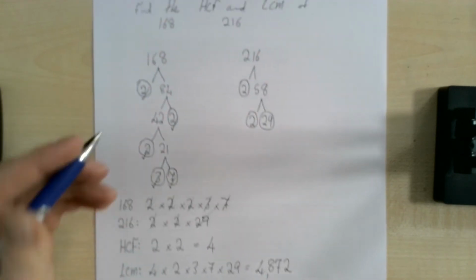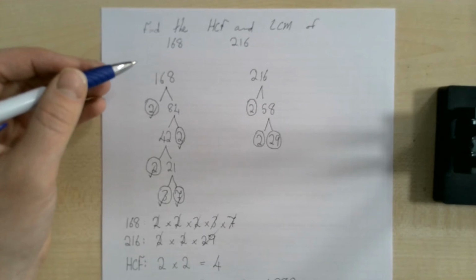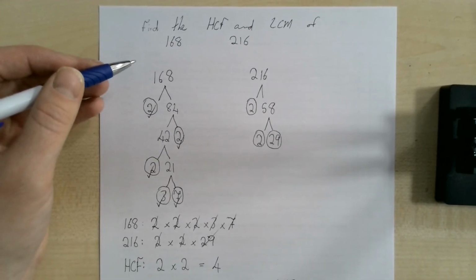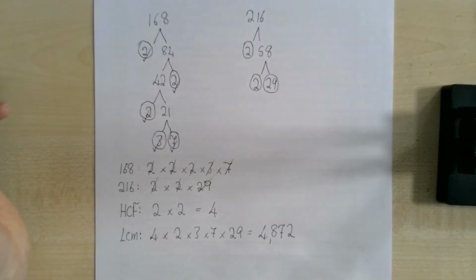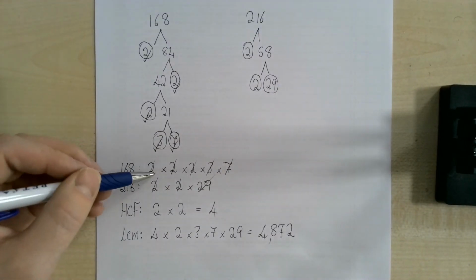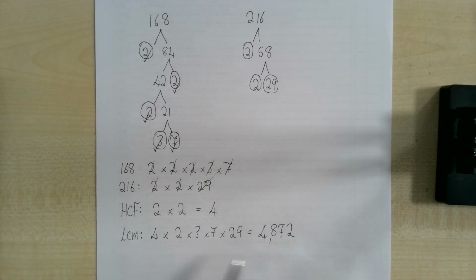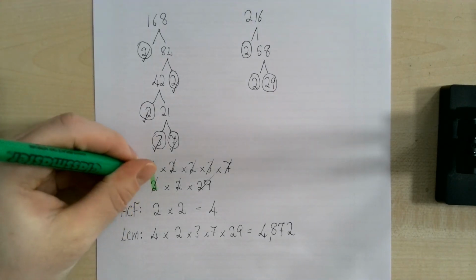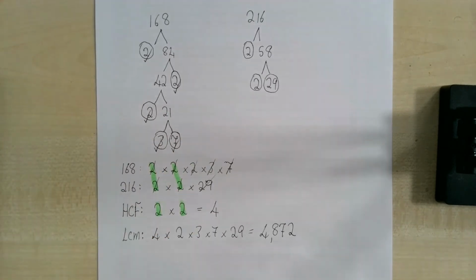If we kept going through the 168 times tables and the 216 times tables, we'd eventually get 4,872. And that's all of these prime factors now crossed off. They've all been used to get the LCM. For the HCF, you are just getting what is common to both. So we've got 2, and we've got another pair of 2s, and that's our HCF.